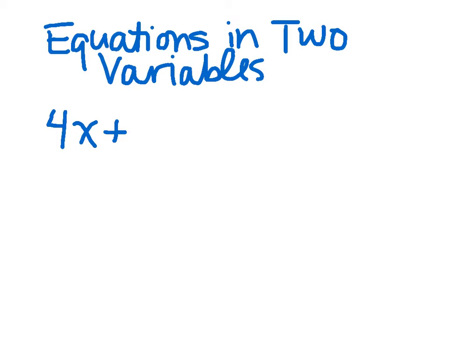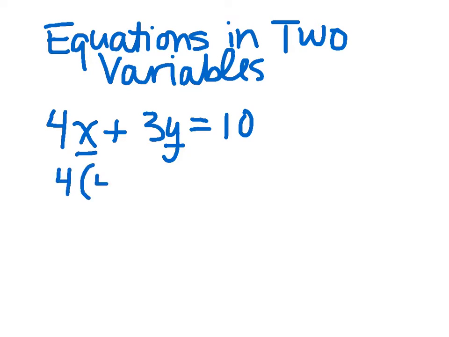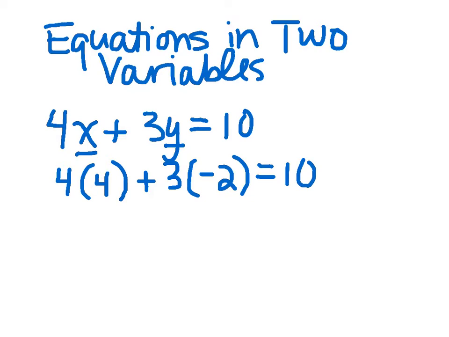They look like this: 4x plus 3y equals 10. A solution would need to have both an x and a y that would make it true. So if I plug in, for example, 4 times 4 plus 3 times negative 2, it does make it true, because 16 plus negative 6 is equal to 10.